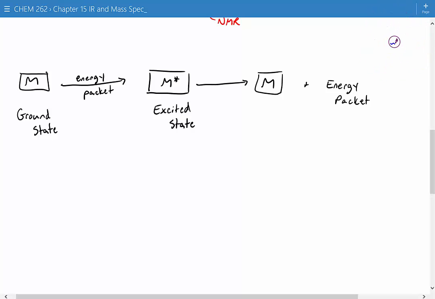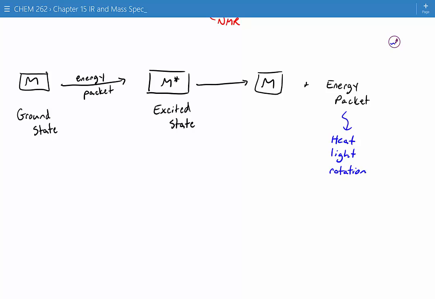And depending on the frequency of the electromagnetic radiation input, we can get heat coming out of a molecule, as in the case of a microwave. You can heat up your food. You can get light. So with fluorescent molecules, when you excite them with the UV light, you can actually see them glow under a black light. You can see molecular rotation occur, as in the case with microwave spectroscopy.